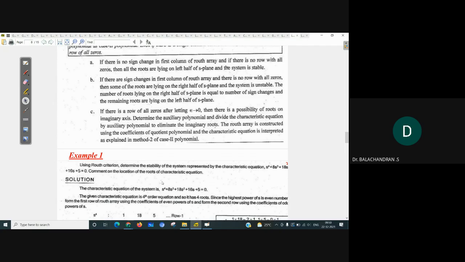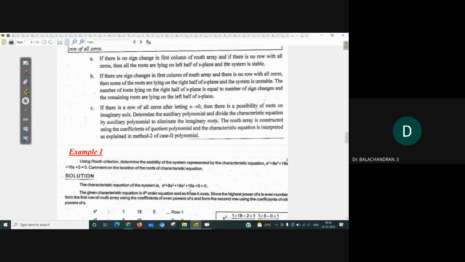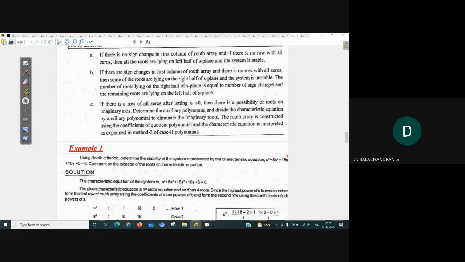For s power 3 you have 8 and 16, row 2. Now you need to find out row 3. Row 3 is s power 2. Do it and tell the elements in the next row, the third row.